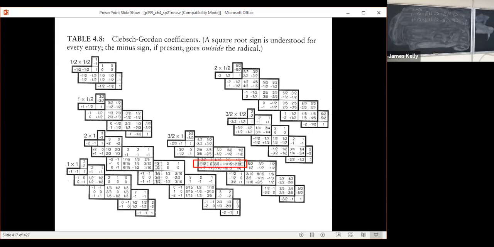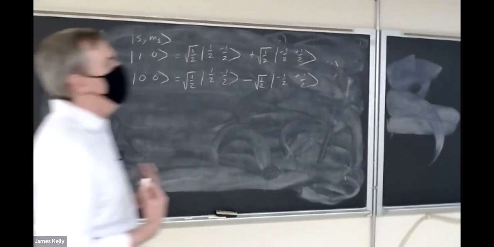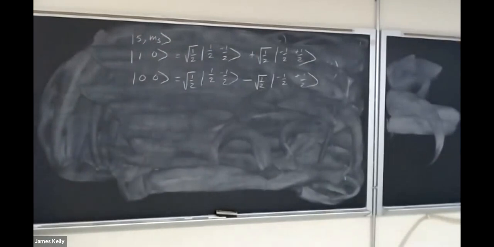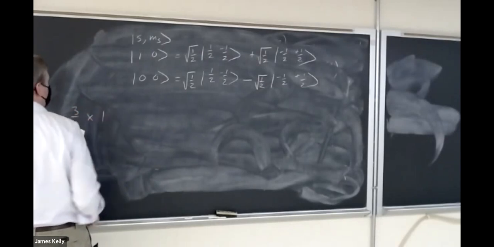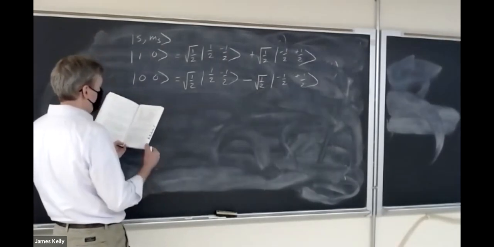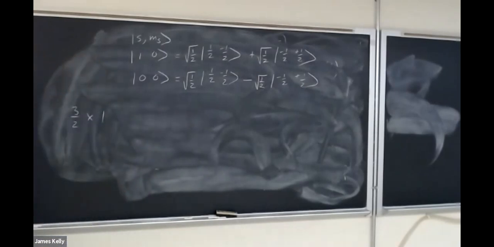Okay, so if I write that up on the board, I know I'm going to take it away from those of you who are on Zoom. Writing out that line, if I'm doing a spin 3/2 and a spin 1 particle, it's telling me that the combined spin state of plus 1/2, 0.